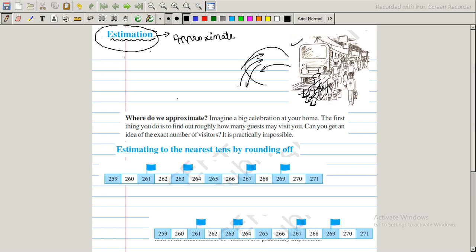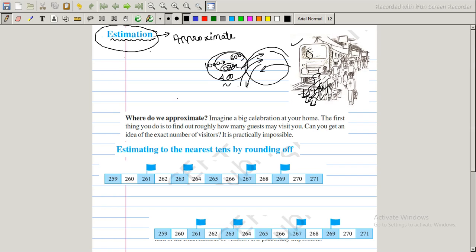We cannot say exactly how many people are in the train, but we can always approximate. We can say on an average in a day, let's say 1000 people enter, and suppose some 600 people leave. So on an average there will be 400 people in this train. This is just approximation, okay?